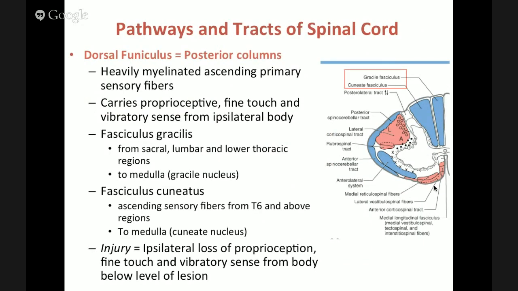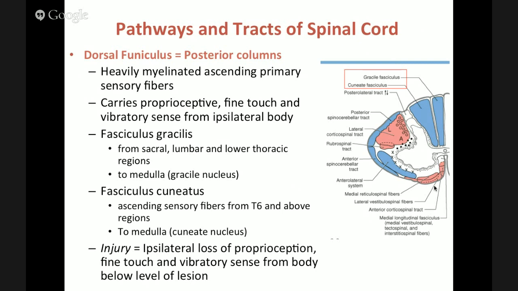So beginning with the dorsal funiculus, also known as the posterior columns or the dorsal columns or the posterior white columns, these are made up of the gracile and cuneate tracts. The main characteristic of these white matter pathways is that they're very heavily myelinated.